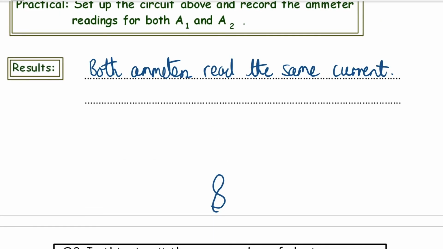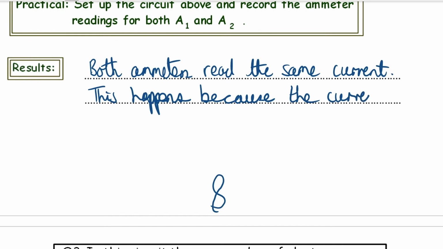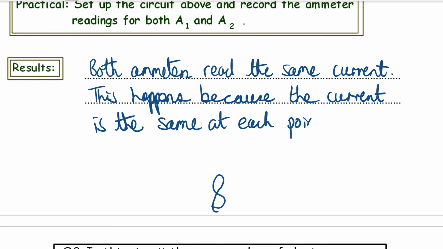We could add to this and say this happens because the current is the same and it's all the way around the series circuit. This happens because each point in a series circuit.